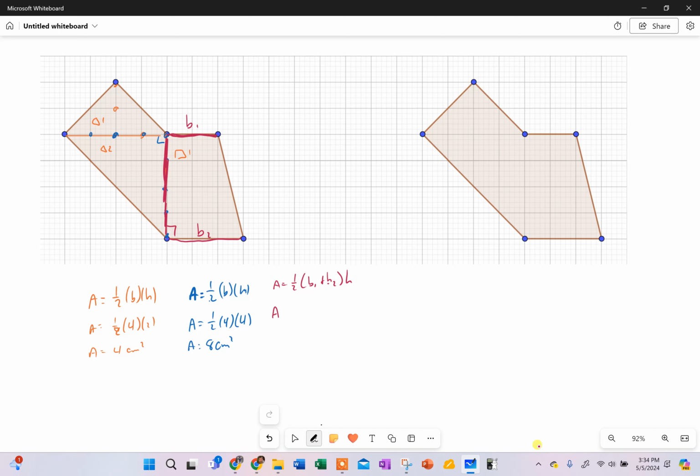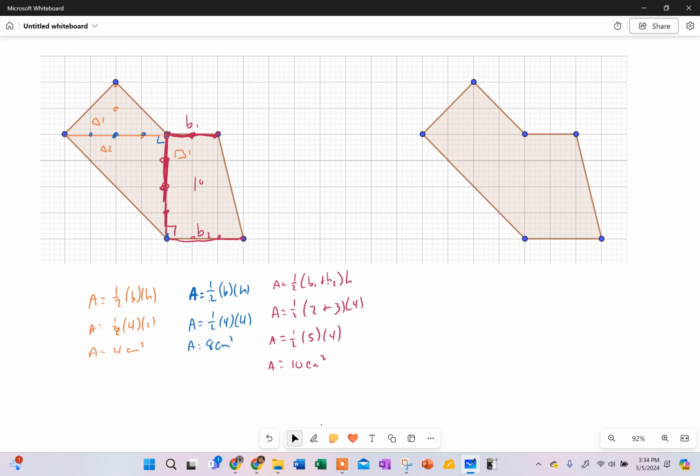So area equals 1/2, and this is going to be (1, 2 plus 1, 2, 3) times my height, which is 1, 2, 3, 4. So area equals 1/2 times 5 times 4, which is 1/2 of 20, which is 10 centimeters squared.